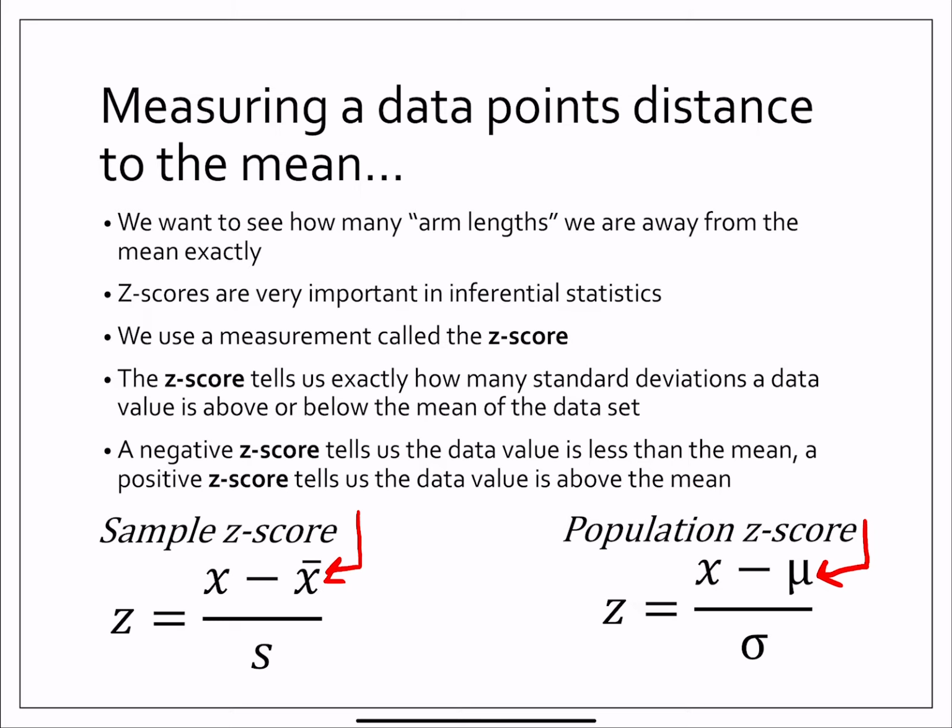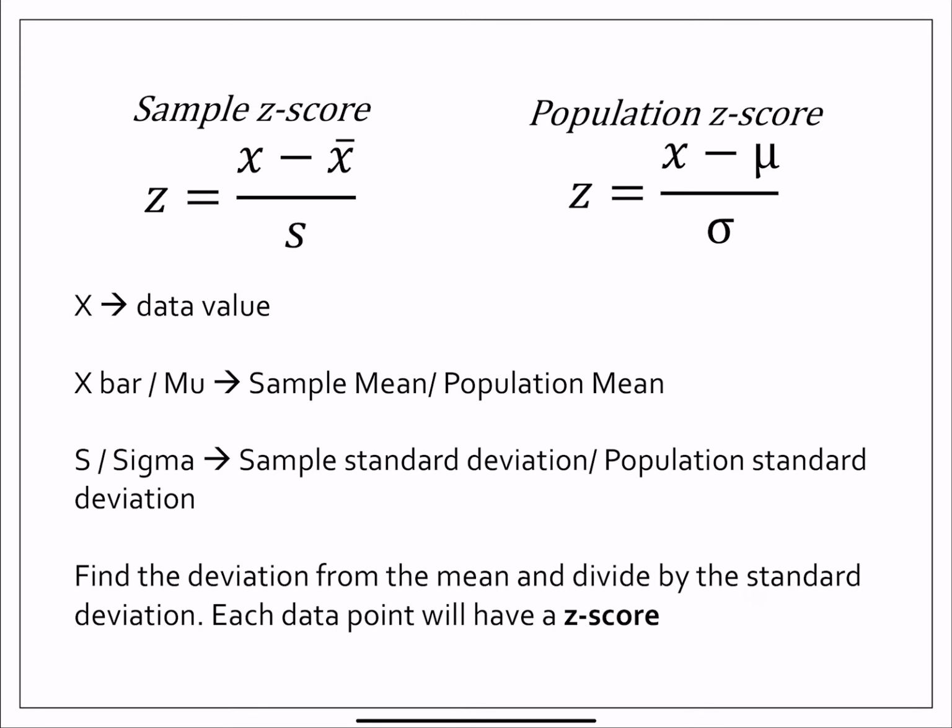Right, so let's do a z-score example. Let's actually look at what each letter means. So x is the data value, whatever data point we're looking at. Let's say we measured the amount of money in everyone's bank accounts, and we wanted to know how much money Danita had compared to everyone else.